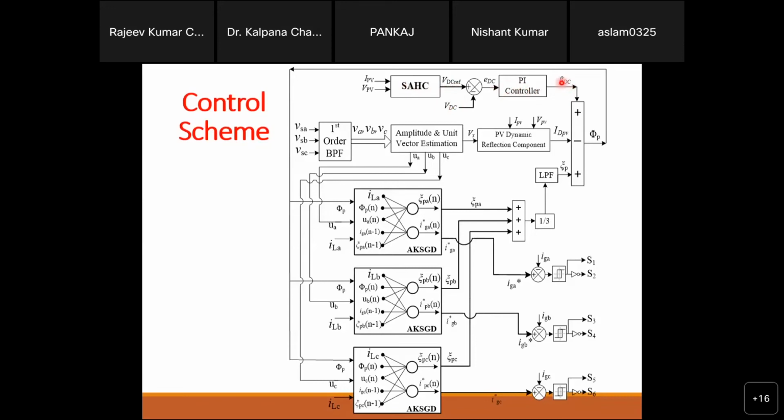So you have both ways. And then that duty cycle will be used for pulse generation for the DC-DC converter.